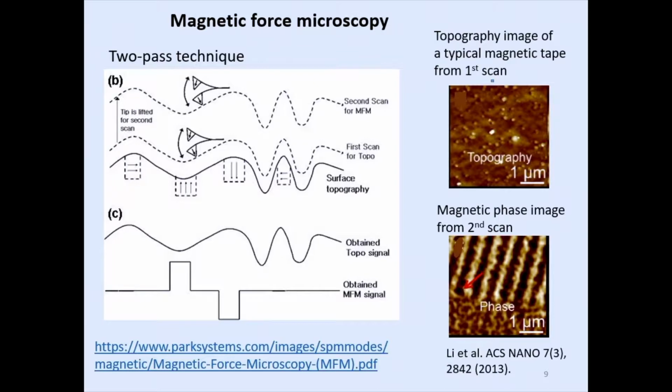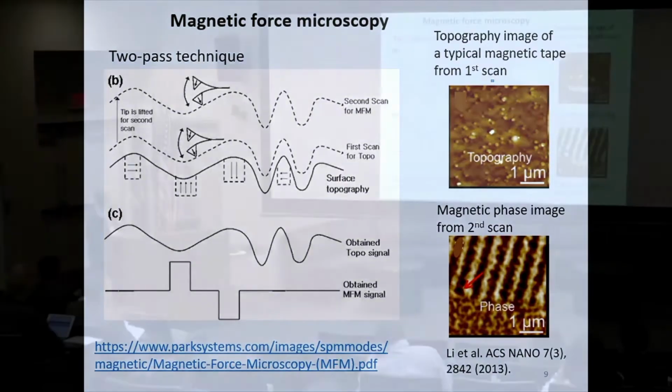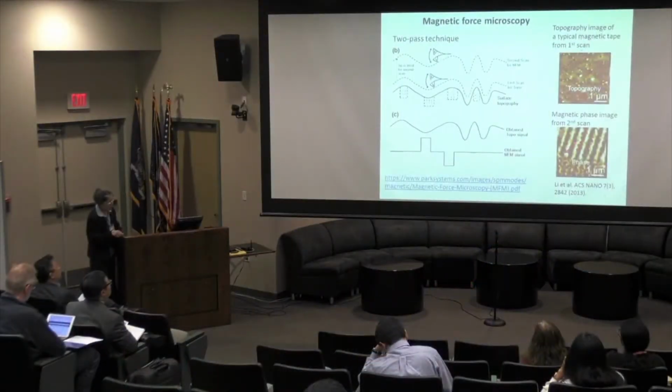Remember, the van der Waals force I introduced has the 6/12 power law, inversely dependent. So if you lift it to a certain height, the van der Waals interaction, which allows you to probe the topology, is gone. Whatever is left in the second scan at this lift height will give you the magnetic signal. So this shows the magnetic force microscopy signal.